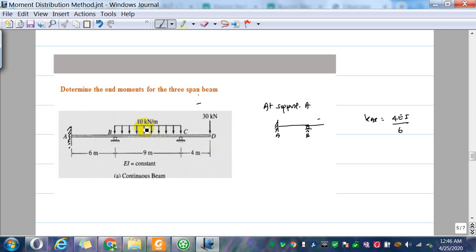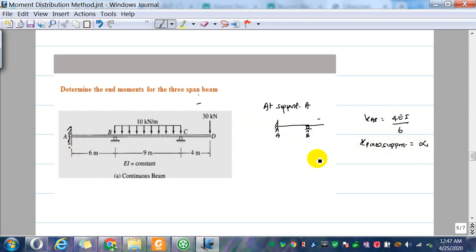If we apply a load on this AB span, then AB is going to deform, and it's going to induce some moment to keep the slope 0. So how can this moment be distributed? KAB is 4EI over 6, and the stiffness of the fixed support is infinity.